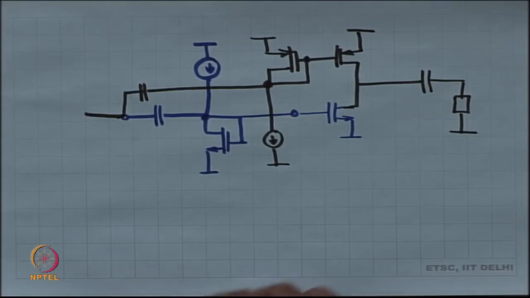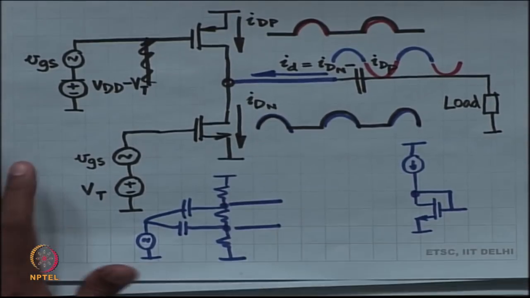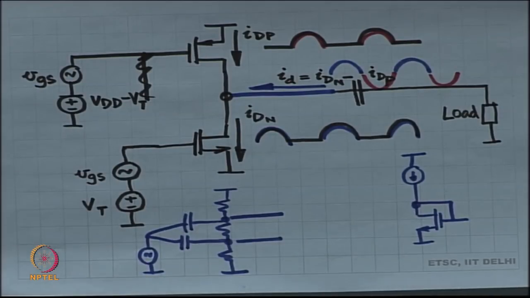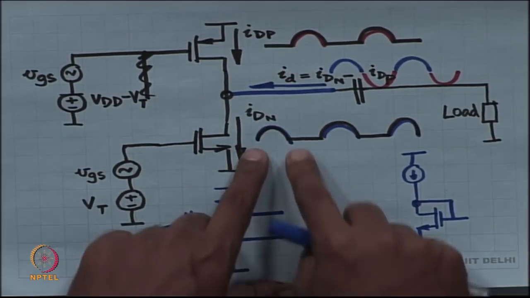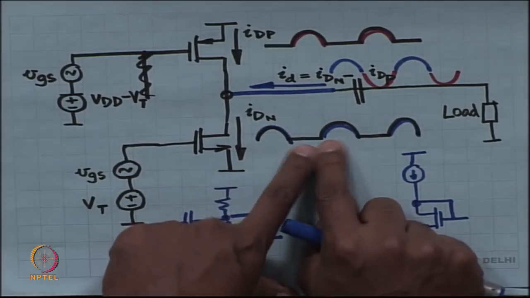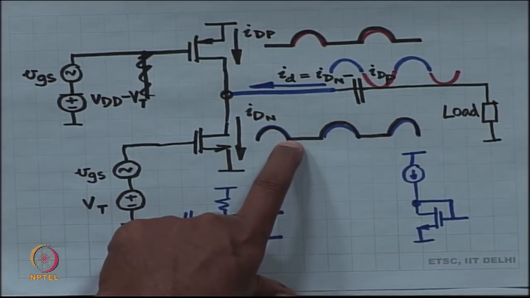All right. So, this more or less concludes our... what is the efficiency of this? What is going to be the efficiency of this? 78%, not 50. 50 is class A. Here the NMOS is off for half of the time. While the NMOS is off, it is not consuming any power.